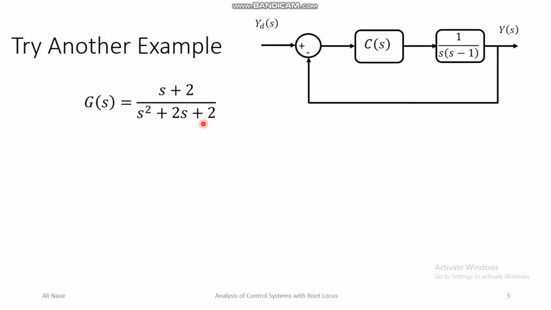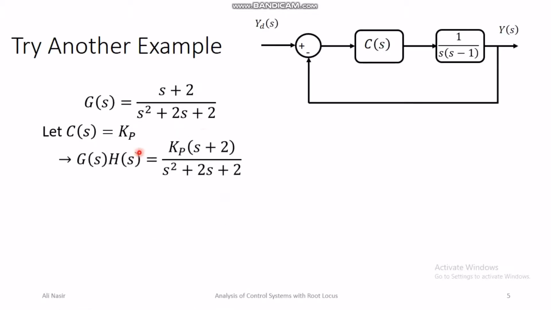And if you try the proportional controller with this transfer function, then this is the open loop transfer function for root locus, and you can see that here there is no 0 or pole due to the controller. We only have 1 0 and 2 poles from the original transfer function that we had.